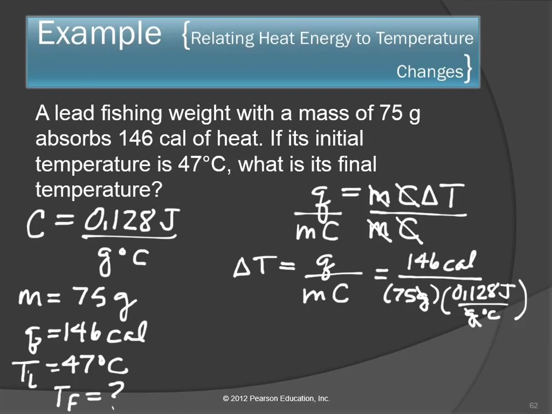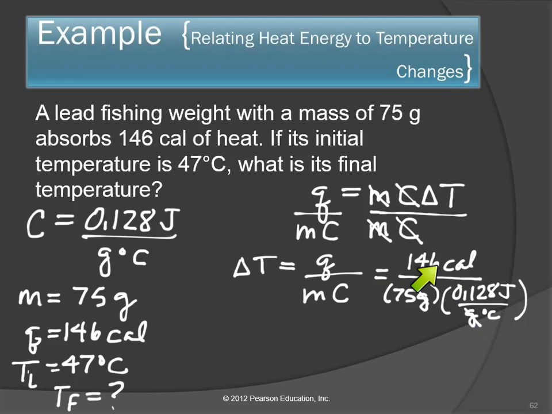Grams cancel grams. Do calories cancel joules? No, they're not the same, are they? That's like inches and feet. They measure the same quantity, but it's not the same unit. So what do we need to do? We need to convert one to the other. This one's all embedded and messy with these other units.